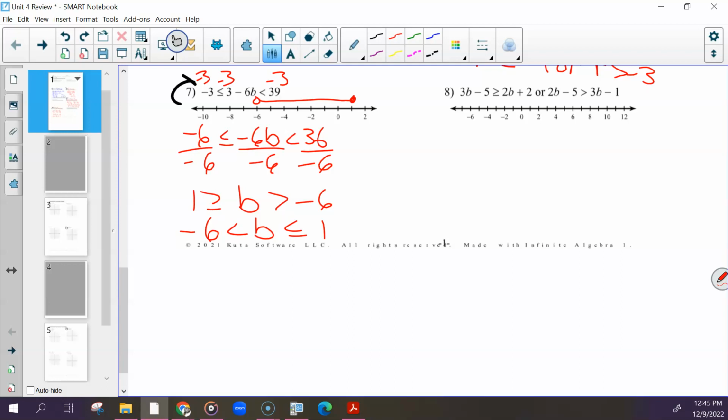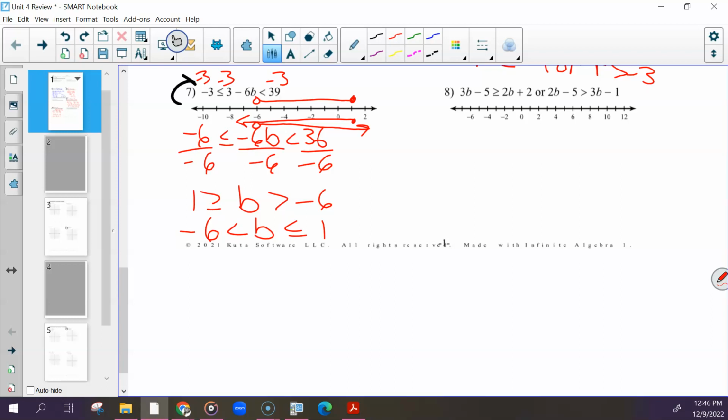Look at just one piece of it. B is less than or equal to 1. And then look at the other side, but read it backwards. B is greater than -6. So the arrows piece, I don't need to see. I do need to see the line segment. So if you don't do that part, you'll be losing points.